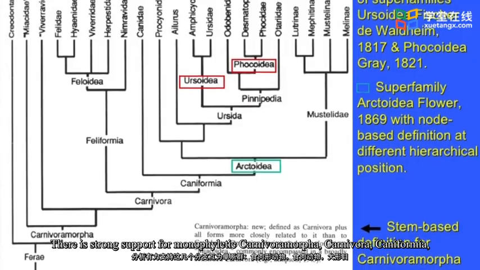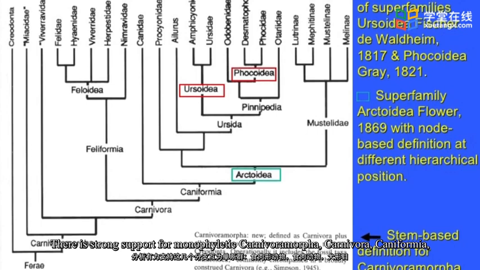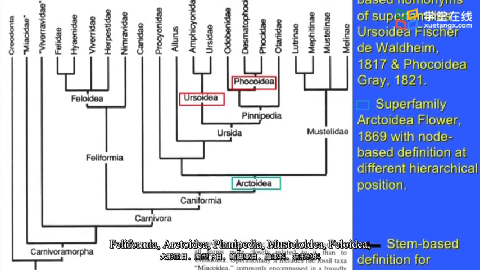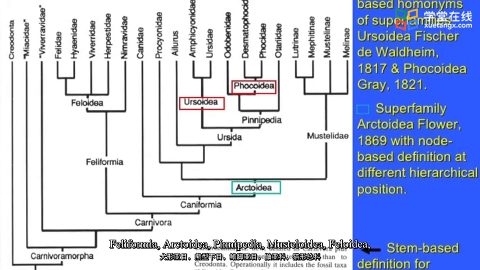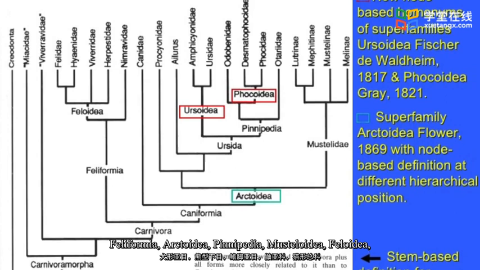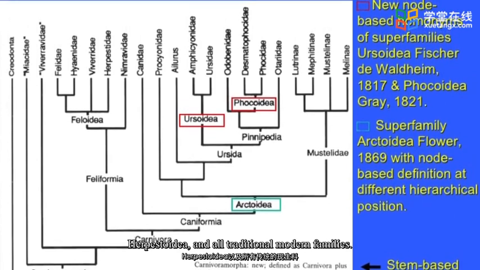There is strong support for monophyletic Carnivoramorpha, Carnivora, Carniformia, Feliformia, Arctoidea, Pinnipedia, and all traditional modern families.